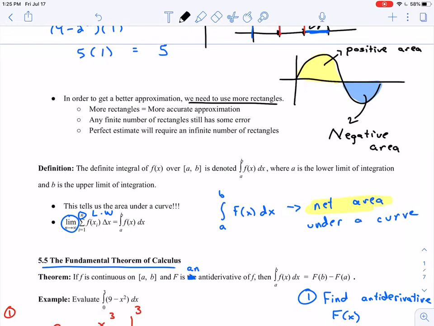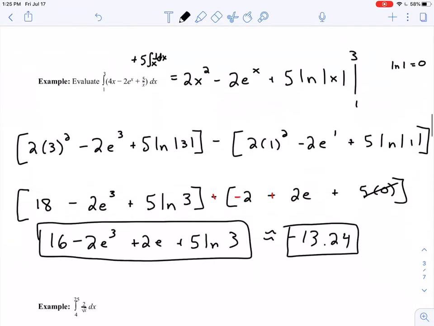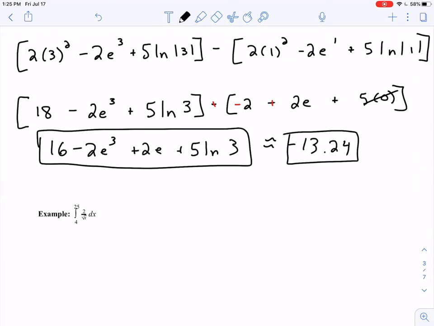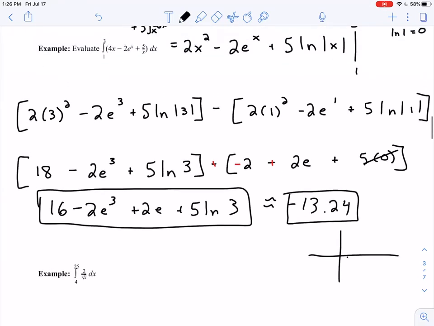When we see something that ends up as a negative integral, so here we had negative 13.24, that means one of two things is true. It means either that whole function is below the x-axis on, what was our interval, 1 to 3, so maybe our function looks something like this, where the whole area between the function and the x-axis is below the x-axis.